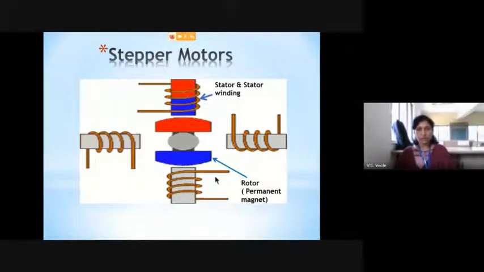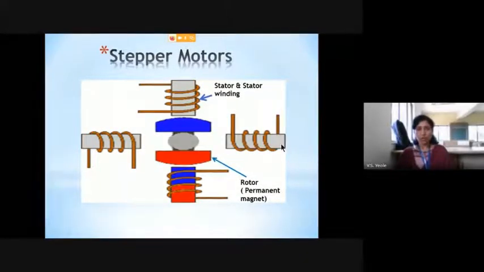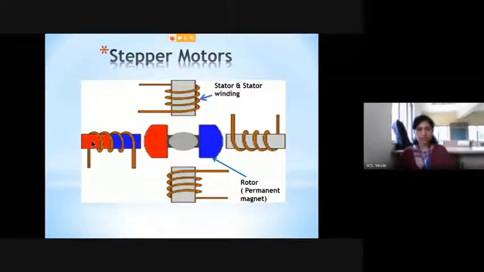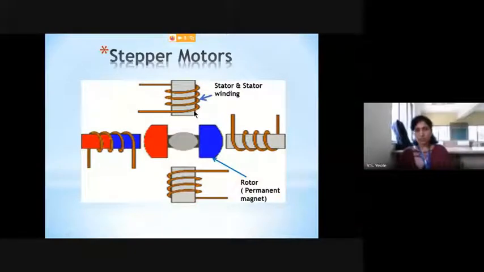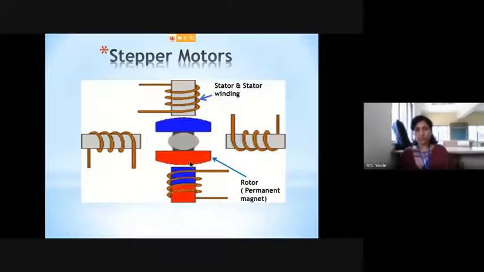In this one, supply is given to each stator winding one after another. As the supply is given to one winding, it will produce either a north pole or a south pole, and that pole will be attracted by another pole of the armature, and the armature will rotate in steps.